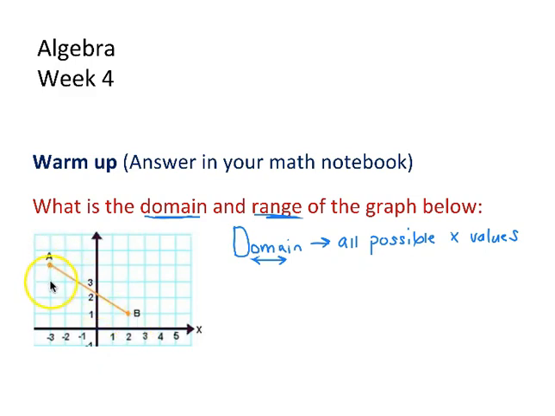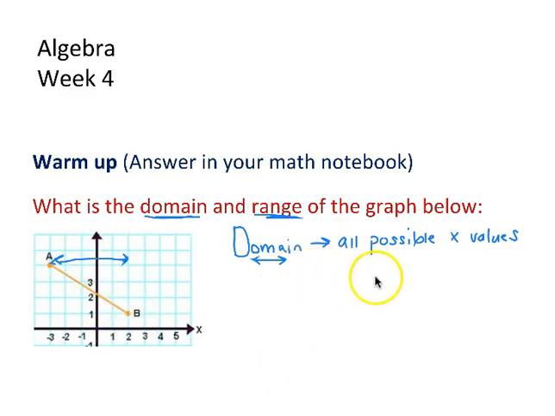Well, I see that the graph starts here at -3 and it's a closed circle at -3, meaning that we can include the value -3. So the values of this graph are going to include all the values from -3 all the way to, remember, we're looking for those horizontal values, +2. And it's a closed circle at +2.